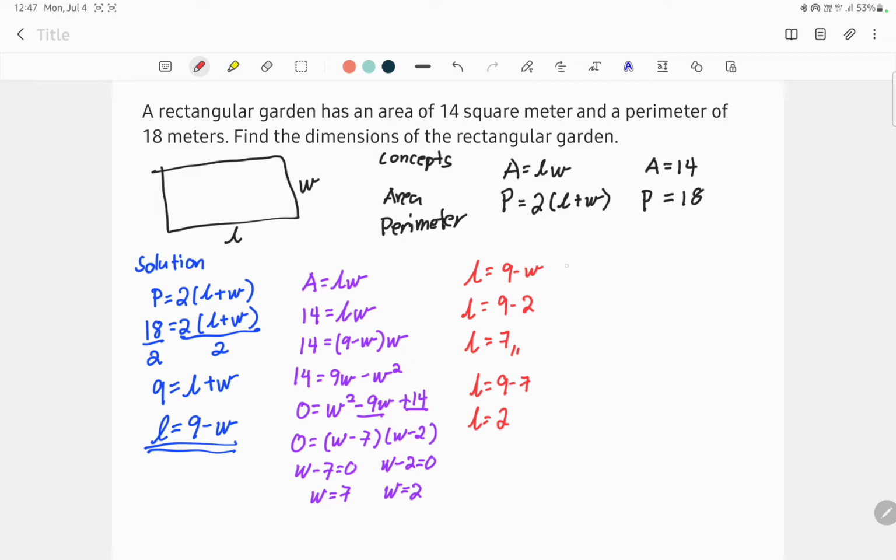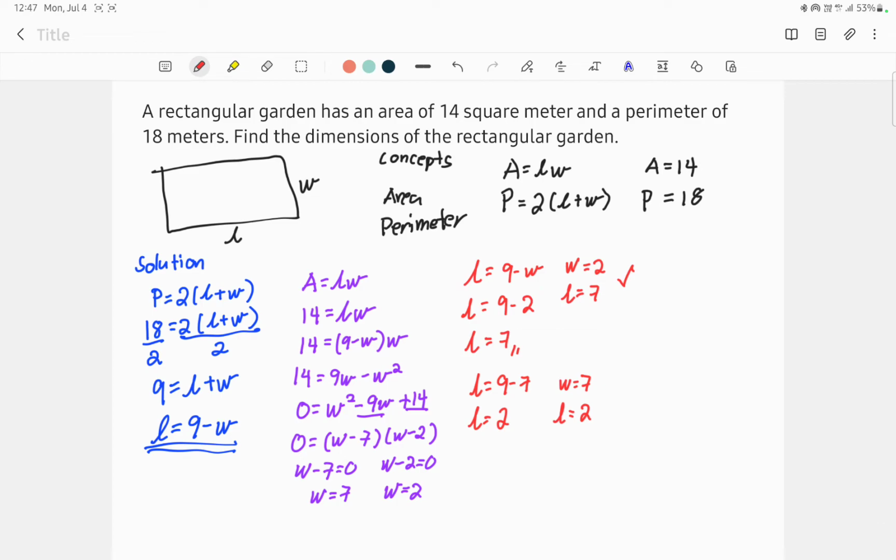So if your width is equal to 2 and the length is equal to 7, this is contextually correct. However, this is also correct if the width is equal to 7 and the length is equal to 2.